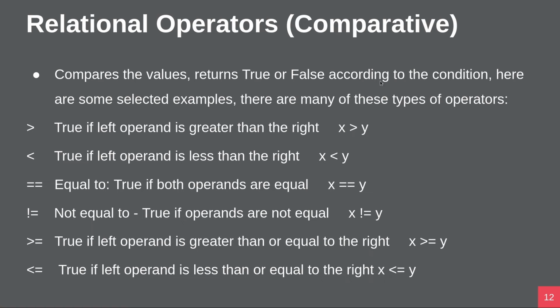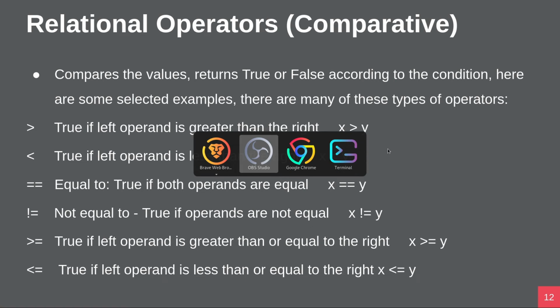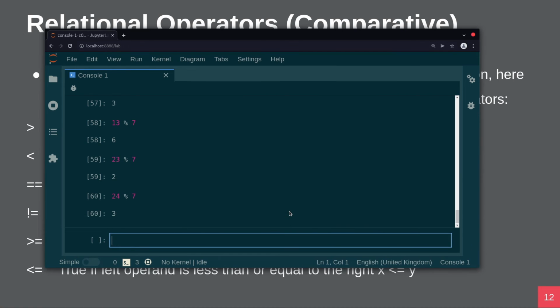So if we run back to the console again and we do something like, is 5 greater than 5? No. Is 5 the same as 5? Yes. Is 5 not the same as 5? No. Is 5 less than 5? No. Is 5 more than 5?